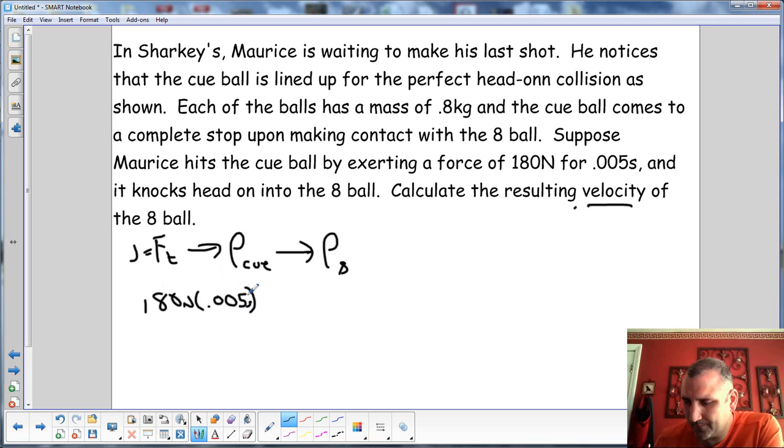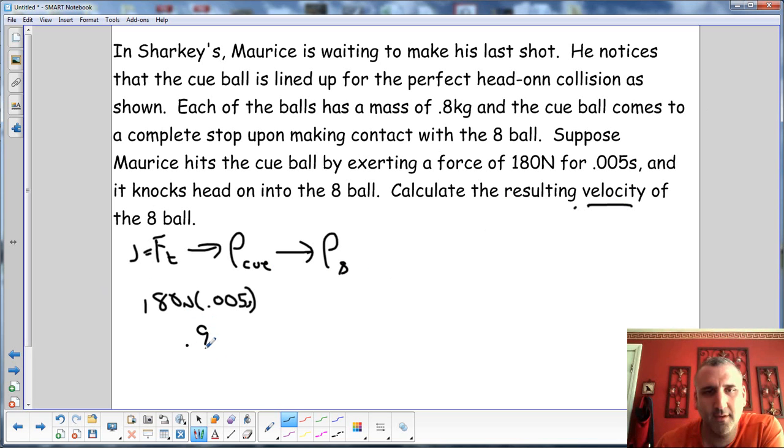That means he's got an impulse of 0.9 kilogram meters per second. That impulse goes into the cue ball, and that impulse becomes the momentum of the cue ball.